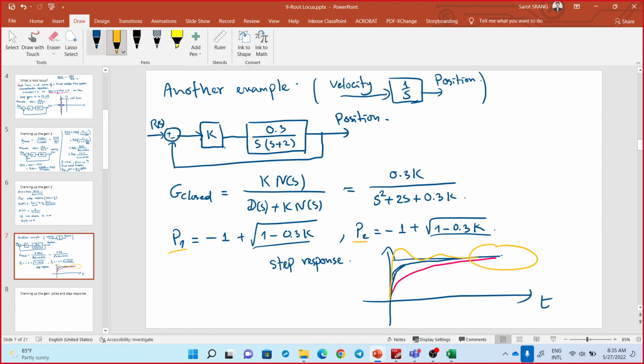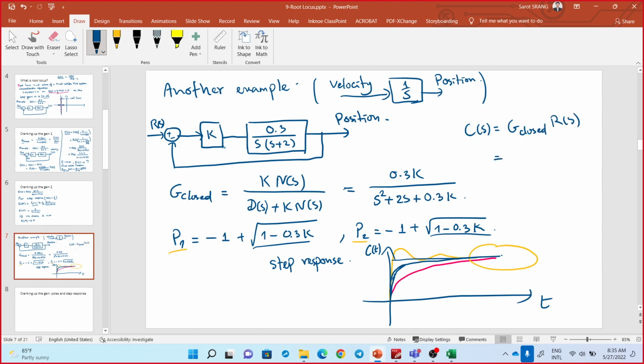Again, we use the final value theorem. Because this one is c of t, first we need to find C of s, which is equal to G closed loop times R of s.